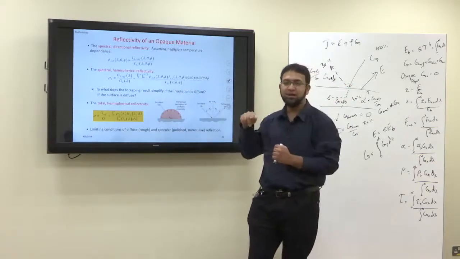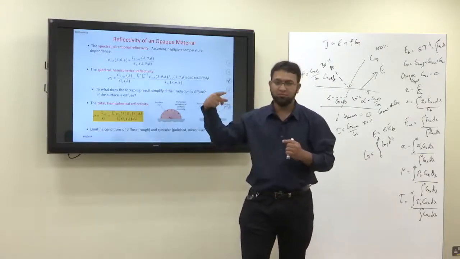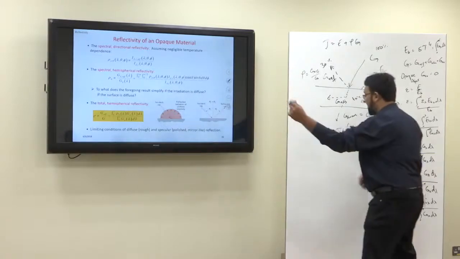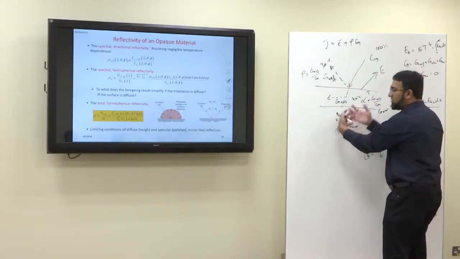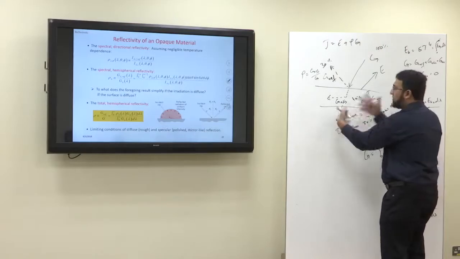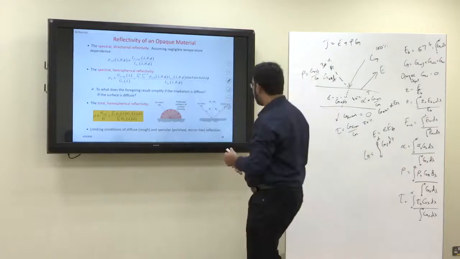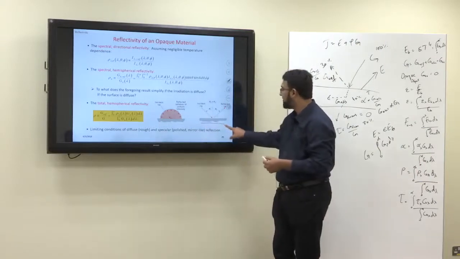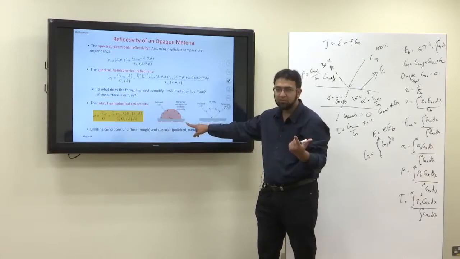But diffuse means it does not matter what the angle of incidence is. So a ray coming onto the surface from here, doesn't matter, because when it is reflected or emitted, it will be reflected and emitted in all directions, in equal amount. Okay? So this is a mirror, and this is a black body thing.